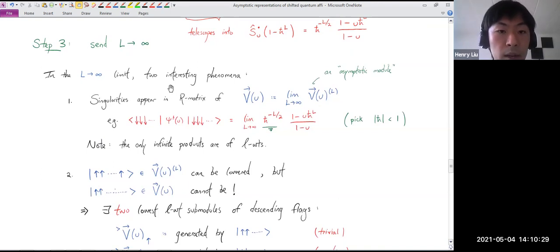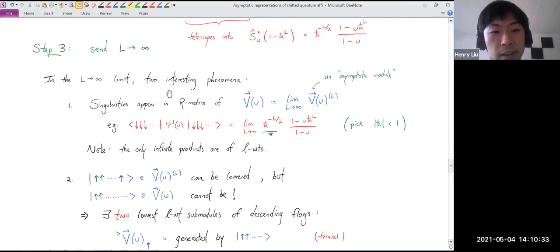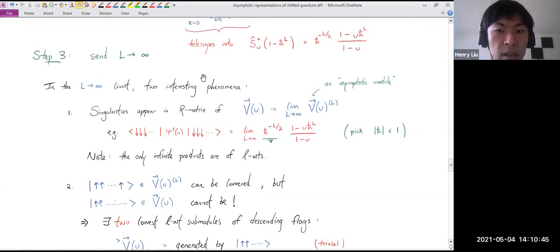The first one, which I think is the most interesting, is you notice that many R matrix elements will develop singularities, in the sense that, recall that to recover the algebra, the quantum affine algebra, we took coefficients of matrix elements of the R matrix, right?